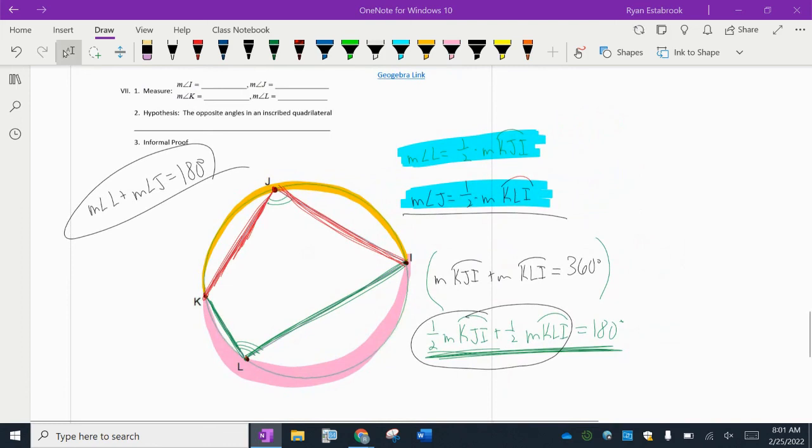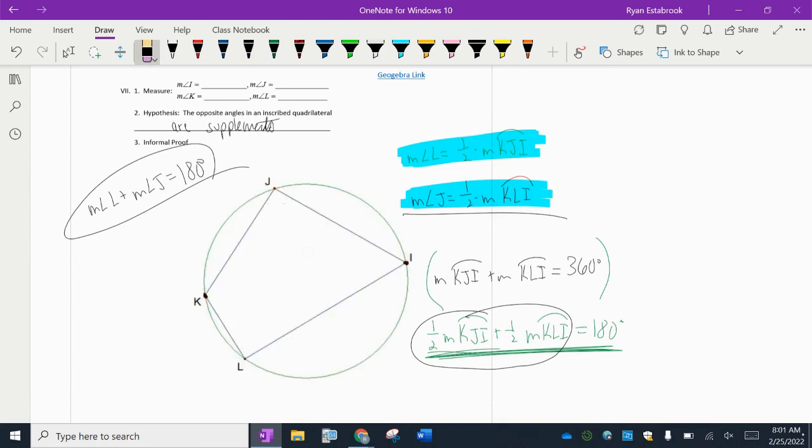So what do we have going on in this one? The opposite angles in an inscribed quadrilateral are supplements. As long as the quadrilateral is inscribed, those opposite angles are always going to be supplements to each other. So another way to use that in this problem is to look at angle K and angle I. Because this is an inscribed quadrilateral, the measure of angle K plus the measure of angle I is also going to be equal to 180 degrees.